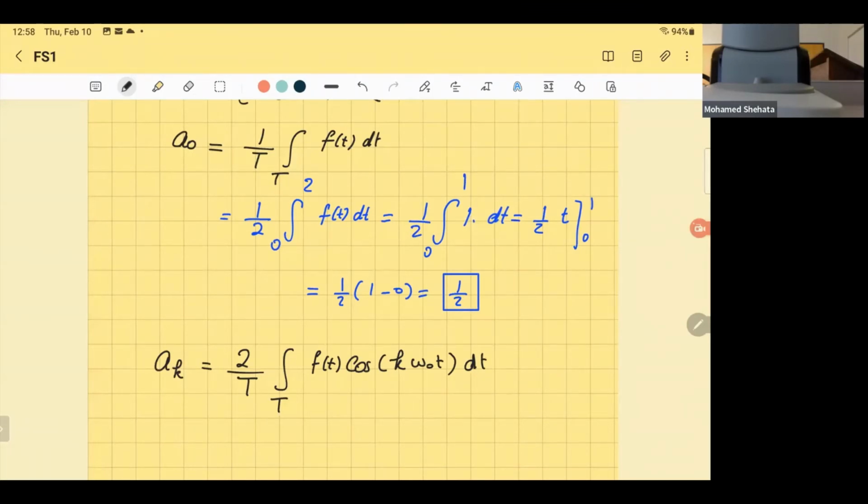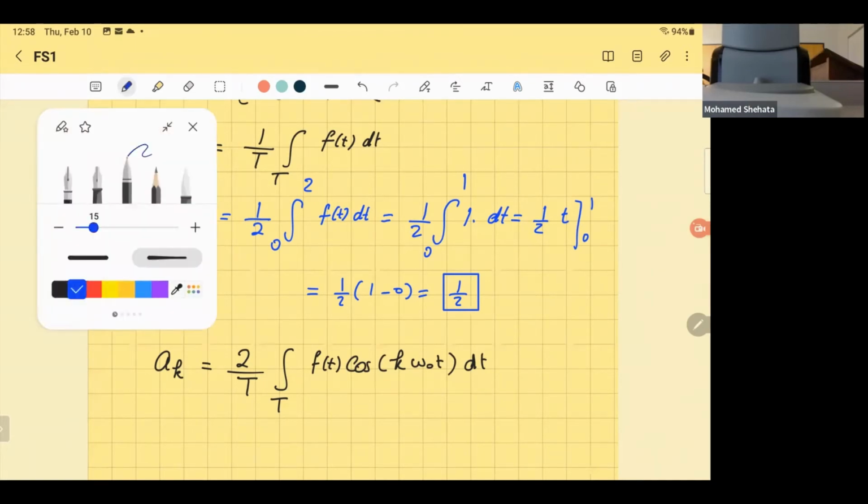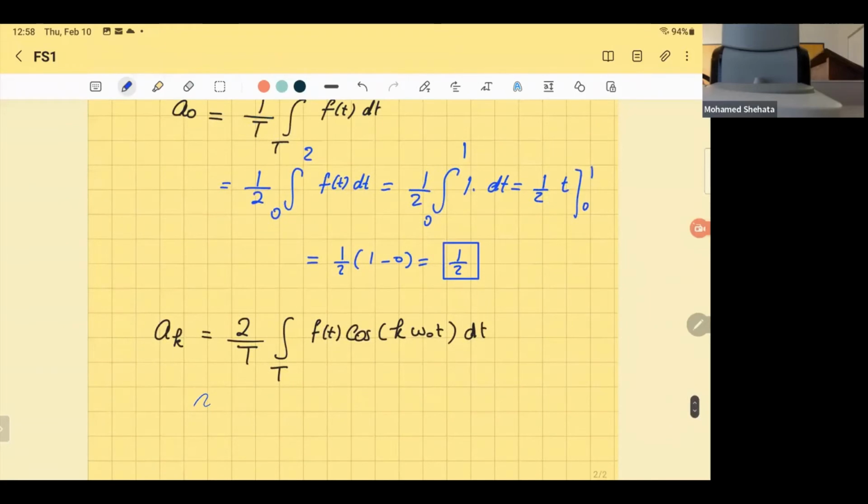K usually goes from 0 to infinity: 0, 1, 2, 3, 4. But when you do integration, leave it as a constant. You are integrating with respect to t, so k will be a constant, and omega naught is constant. Second step, let me substitute now. In our case, A_k will be equal to 2 over T, where T is equal to 2, the integration from 0 to 2.